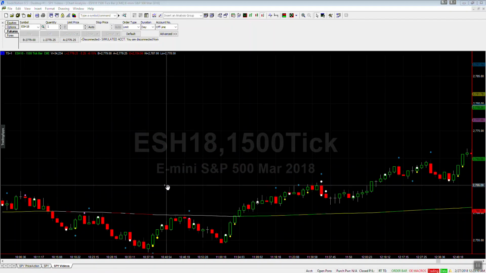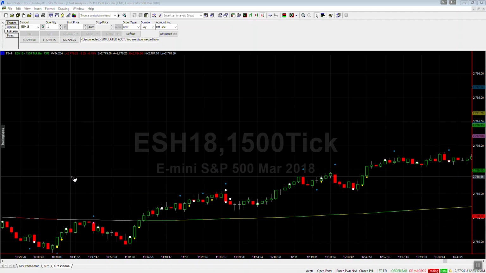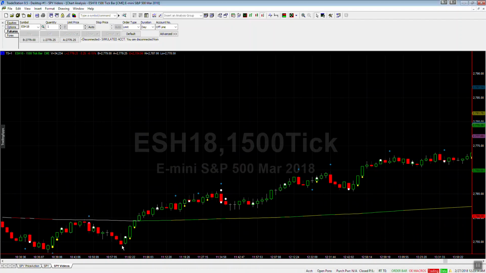And let's see where that, okay, so we see that we could have taken this one down here, and that's about, I don't know, about 10 points right there. So it's pretty easy to catch a point. And now it's changing to green again.